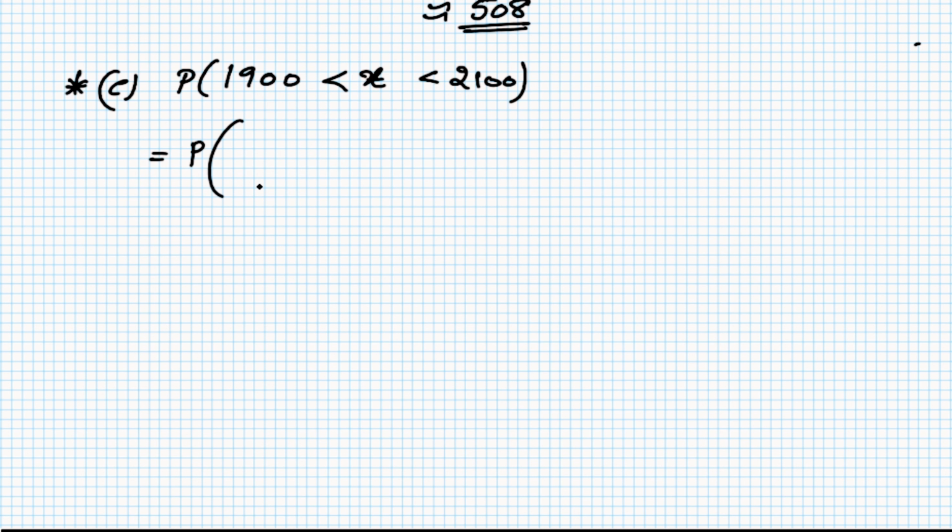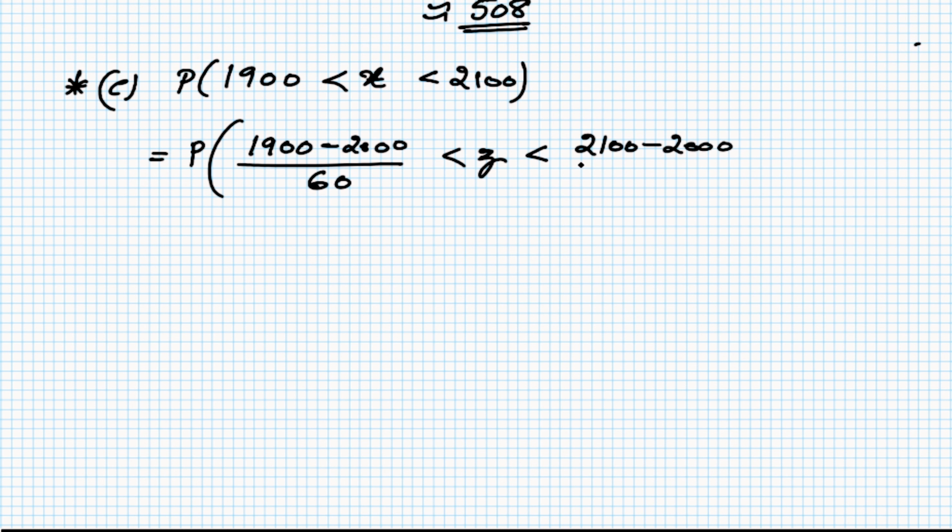So probability that, so my first number is 1900 minus 2000 divided by 60, less than Z, less than 2100 minus 2000, the mean, divided by 60. So both sides, left hand side is minus 100 by 60.